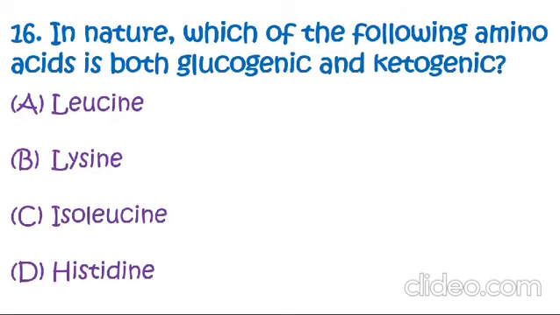Okay, question number 16. In nature, which of the following amino acids is both glucogenic as well as ketogenic? Option A, leucine; lysine; isoleucine; and histidine. So the correct option over here is option C, isoleucine.